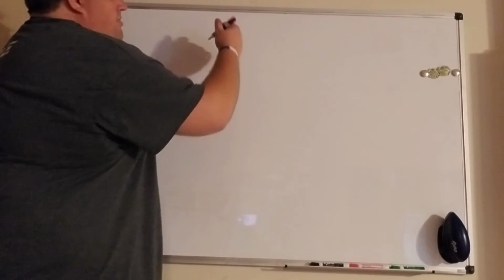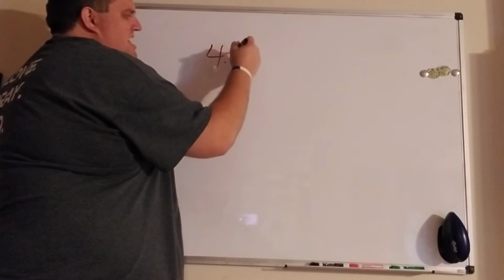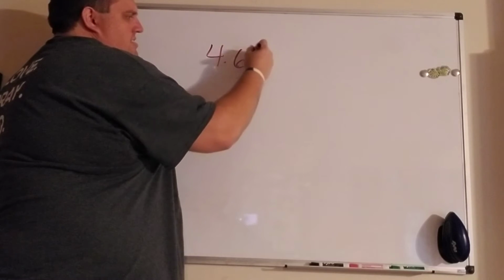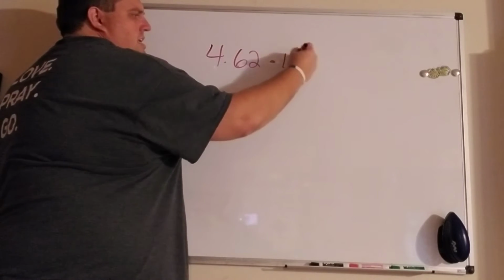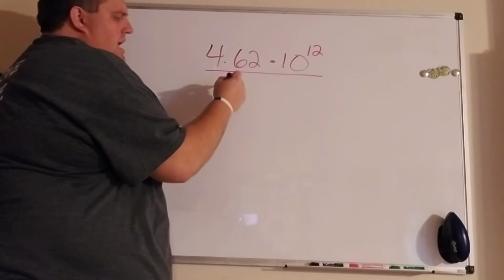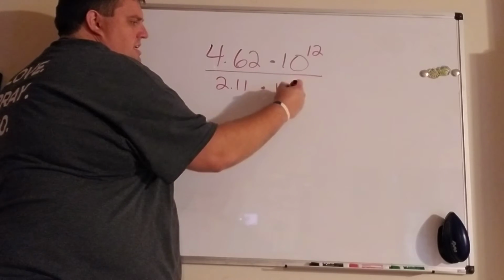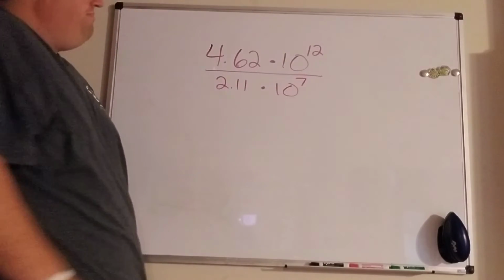So let's say I had two large numbers, 4.62 times 10 to the 12th, and we're dividing that by 2.11 times 10 to the 7th.